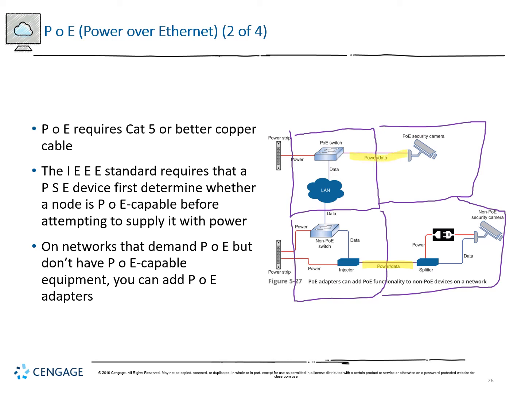We can see that those match up. If we were to combine either the PoE or non-PoE switch, either would work for the PoE or non-PoE device. All we see is whether or not we have to do an injector or splitter depending on the ends.